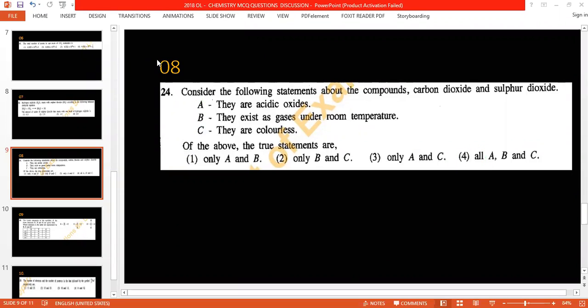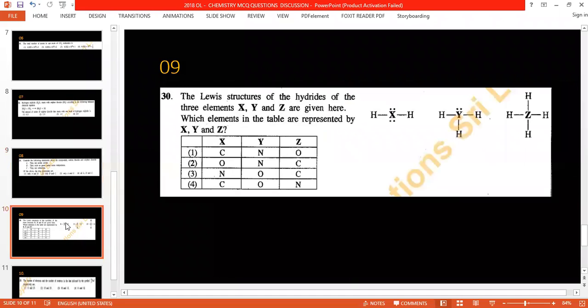Next question. The Lewis structure of the hydrides. What is hydride? This is called hydroxyl.